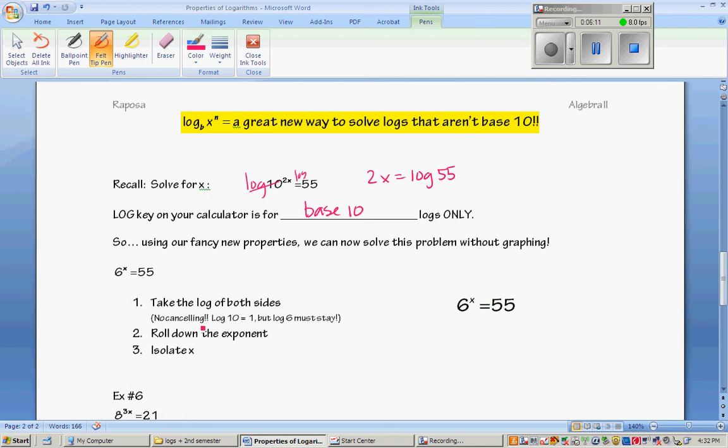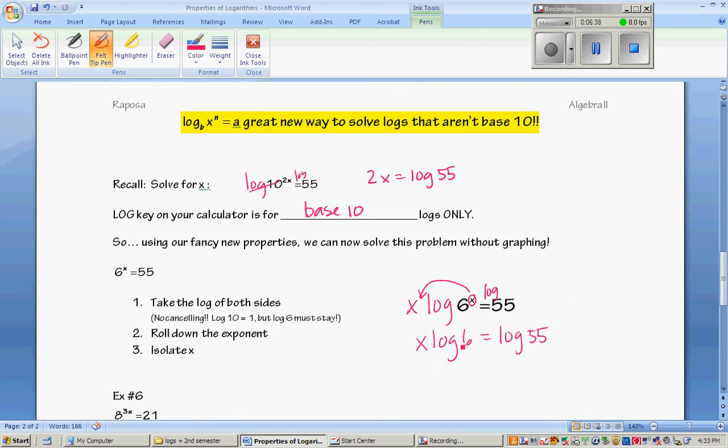So we're going to take the log of both sides as normal. Now this is a log base 10, but what we're going to do is roll this 6 down, this 6 to the x, roll that x down, and now we're going to write x log 6 equals the log of 55.